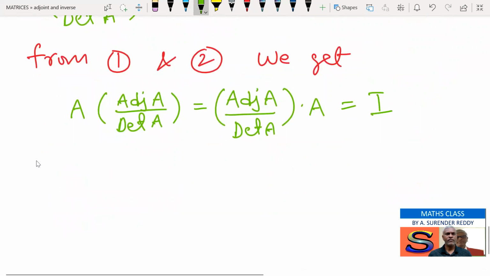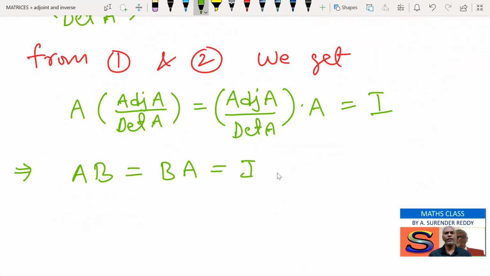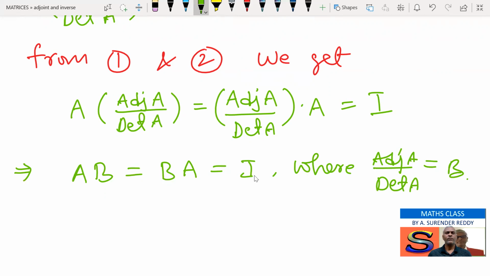So if you take adjoint A by det A as B, this is in the form of AB is equal to BA is equal to I. So this is the definition of inverse matrix.